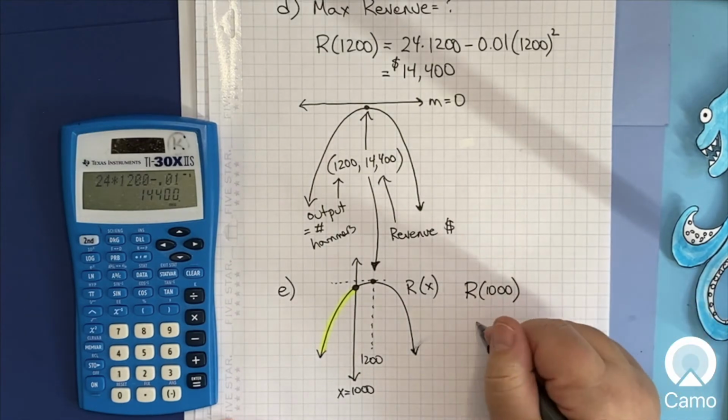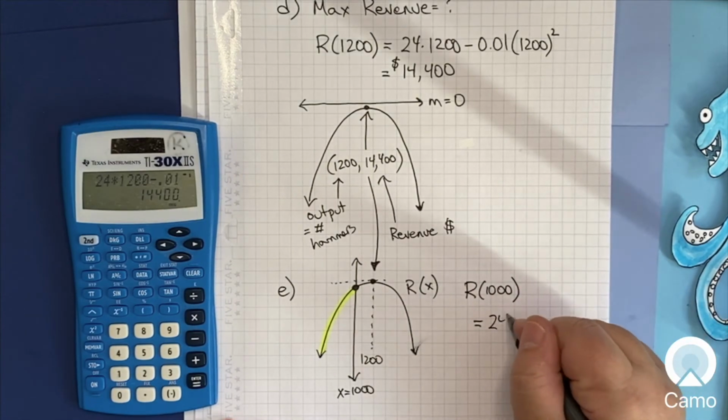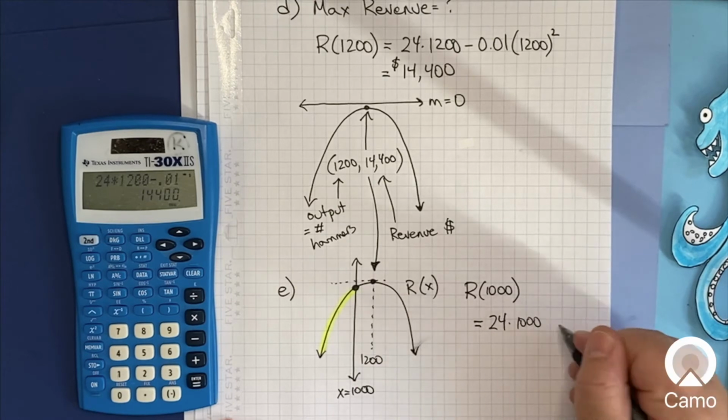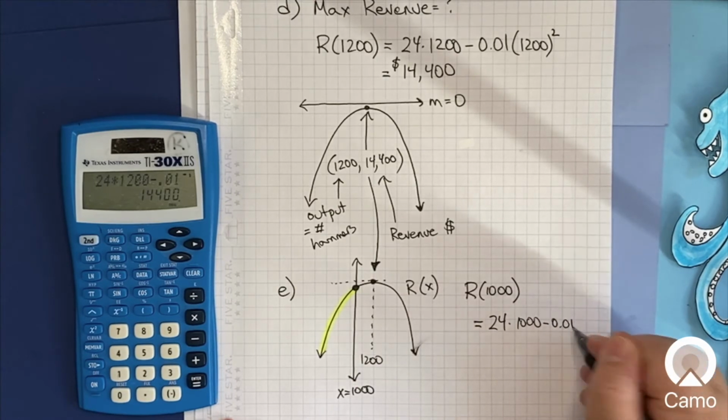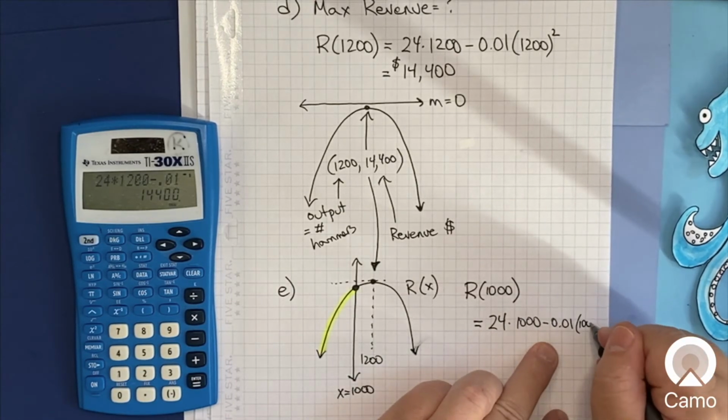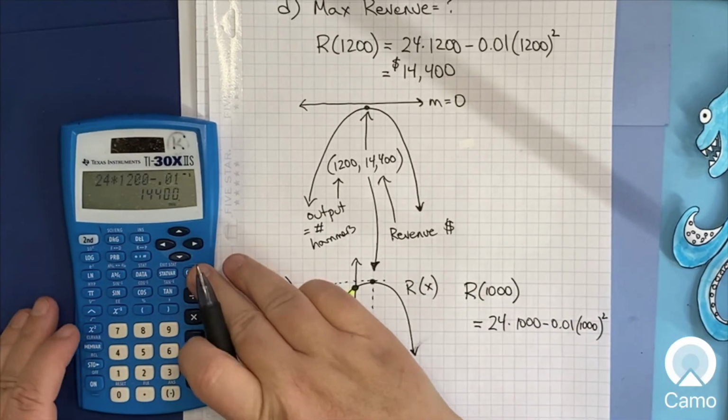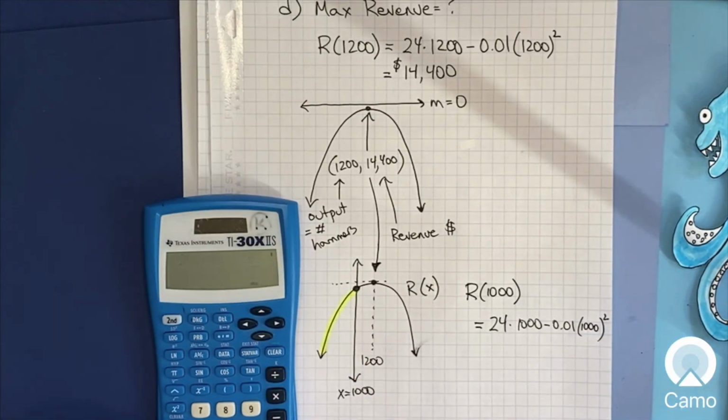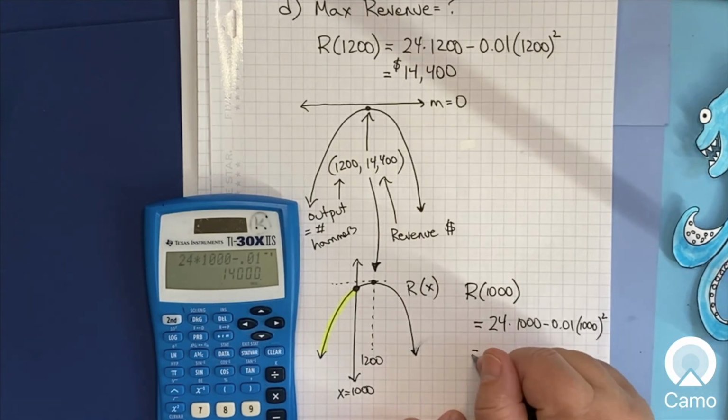Okay, so let's work that out. So that's going to be 24 times 1,000 minus 0.01 times 1,000 squared. Let me clear this. 24 times 1,000 minus 0.01 times 1,000 squared equals 14,000.